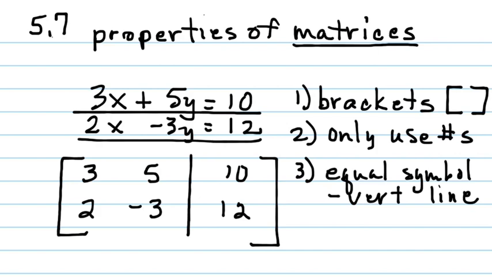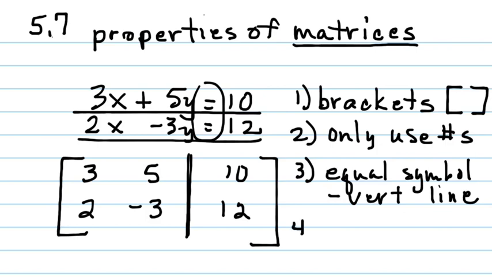Now, not all matrices are going to have them, because you're going to see that we're going to be adding some matrices together, and they're not going to have that vertical line because they're not complete equations. They're just expressions. You can also use matrices with expressions, but they're most frequently used as equations. So if it has the equal symbol in the original, then you need that vertical line in your matrix to determine that equal symbol.